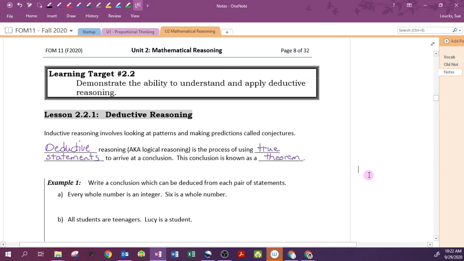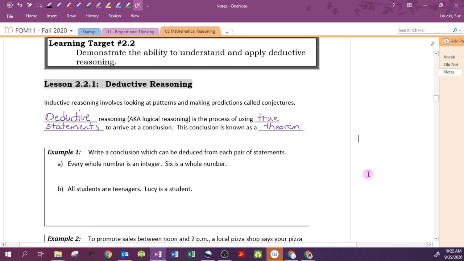Example, write a conclusion that can be deduced from each pair of statements. So every whole number is an integer, and 6 is a whole number. Therefore, I know that 6 is an integer. And I could do this with Venn diagrams, actually.